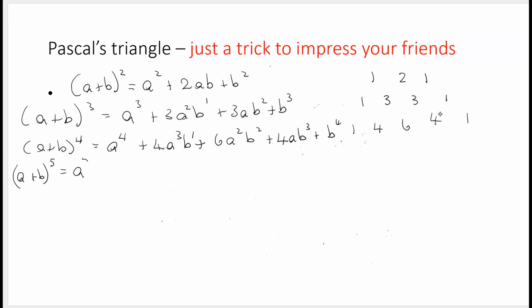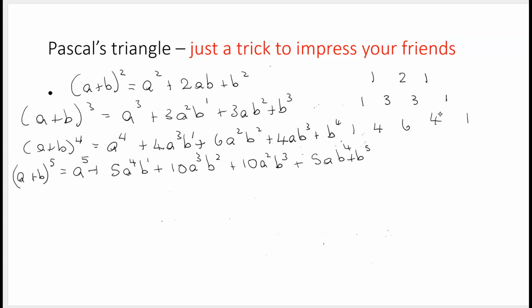So it's a to the 5 plus 5a to the 4 b to the 1 plus 10a to the 3 b squared plus 10a to the 2 b cubed plus 5a b to the power of 4 plus b to the power of 5.